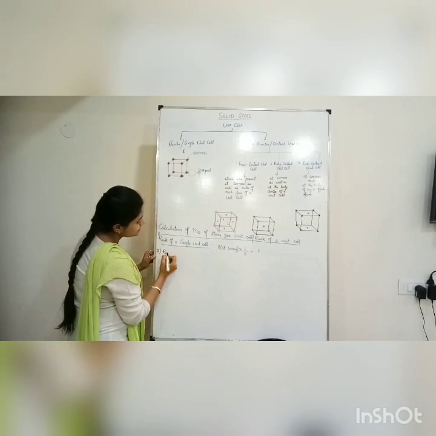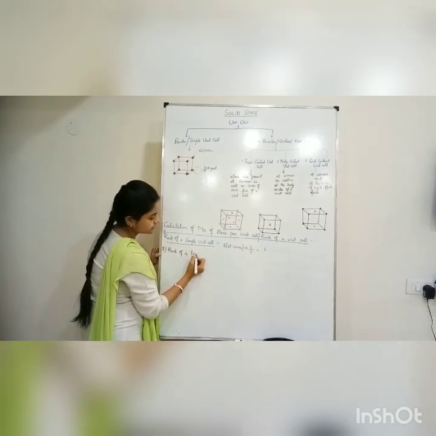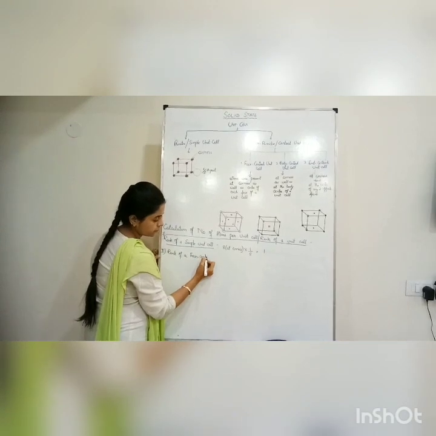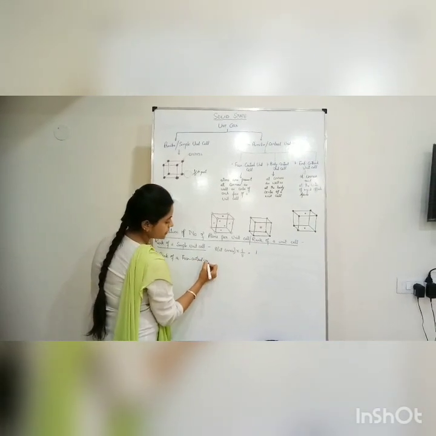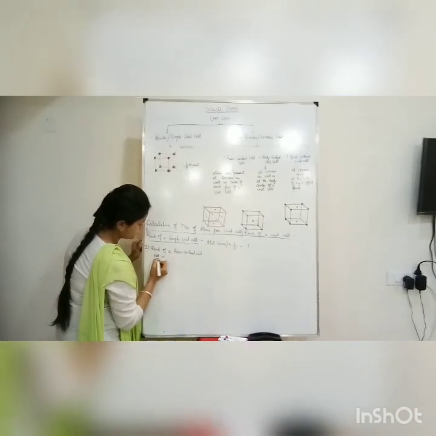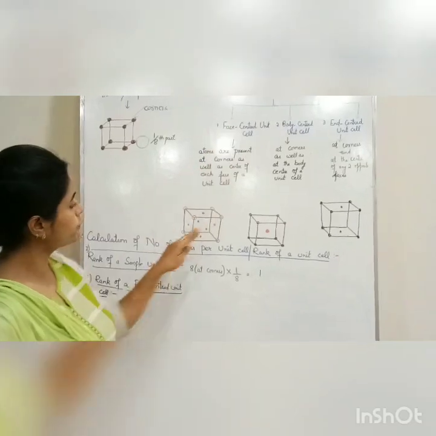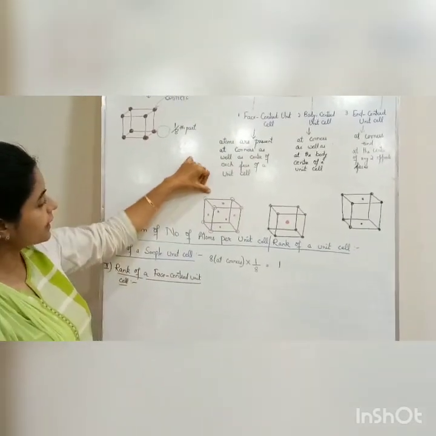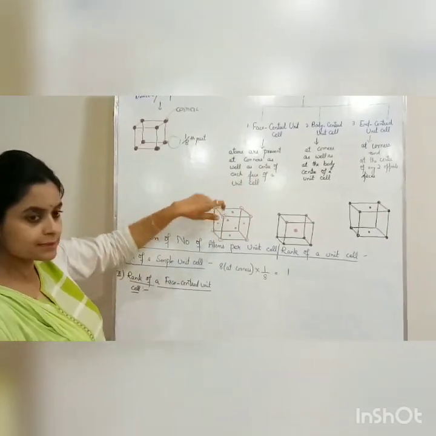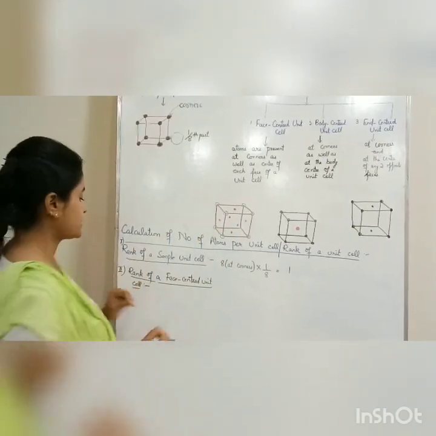So next is rank of a face-centered unit cell. In face-centered unit cell, you have seen that atoms are present at the corners as well as at the center of each face.